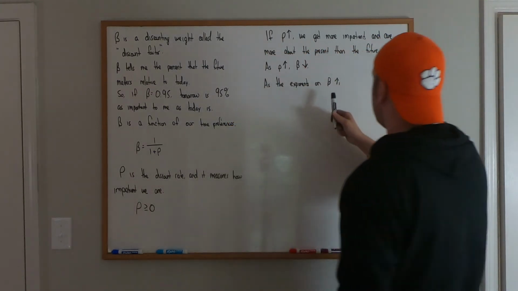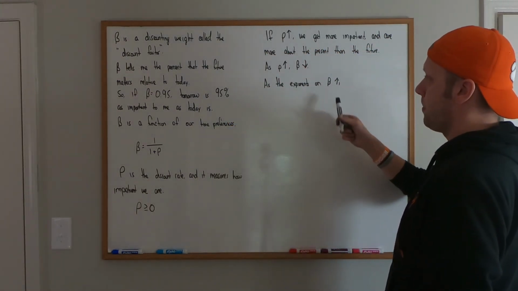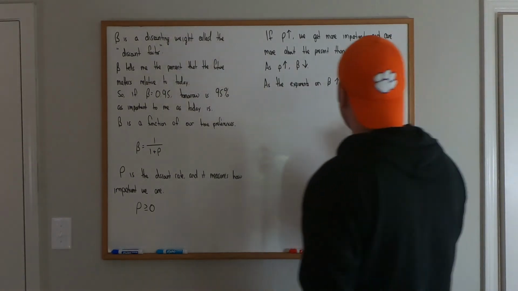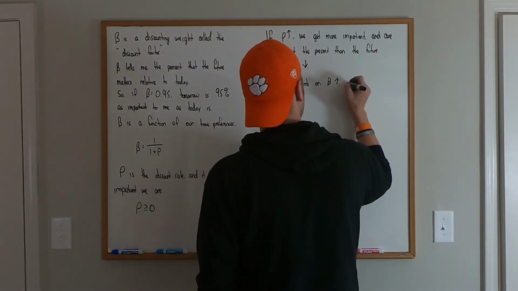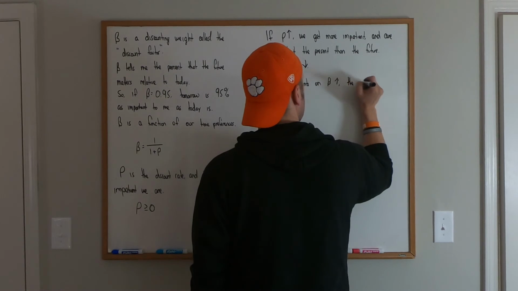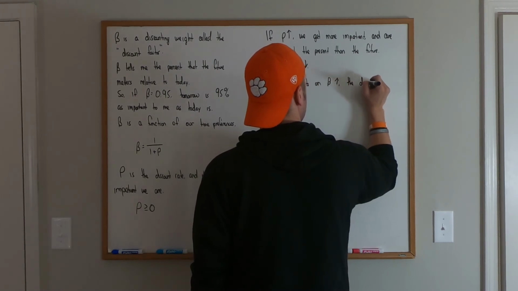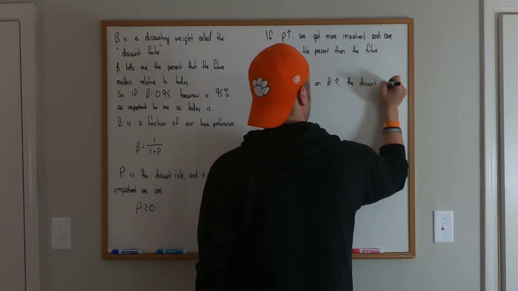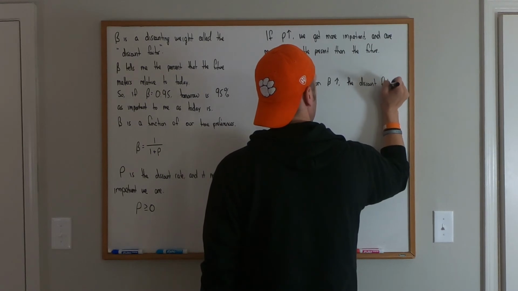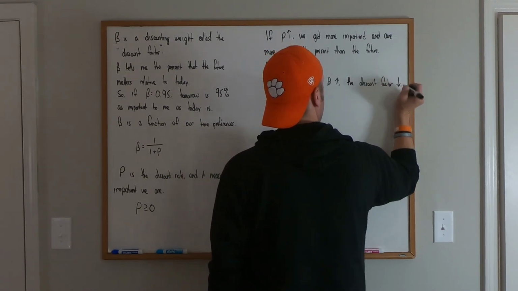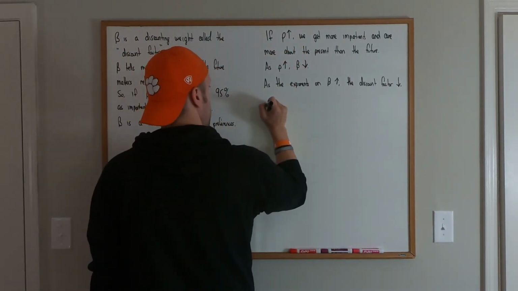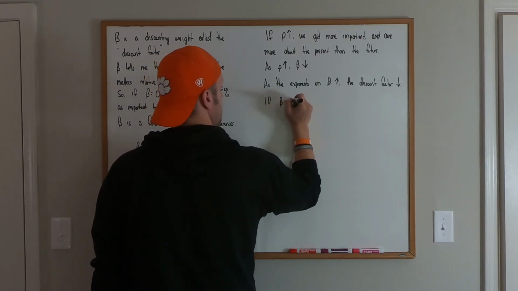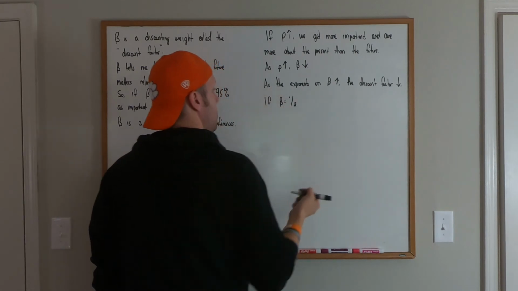So as the exponents on beta increase, it'll get smaller. So I'll say the discount factor will fall. Let's say beta is equal to 1/2, right?